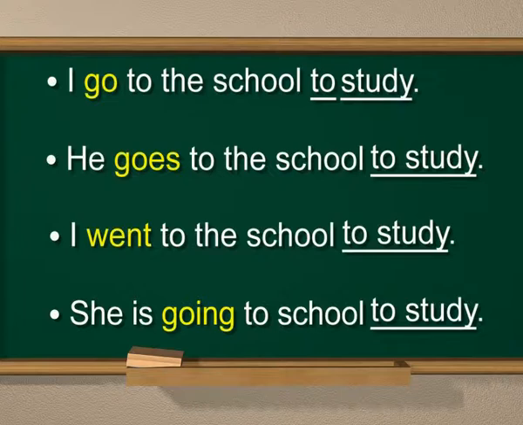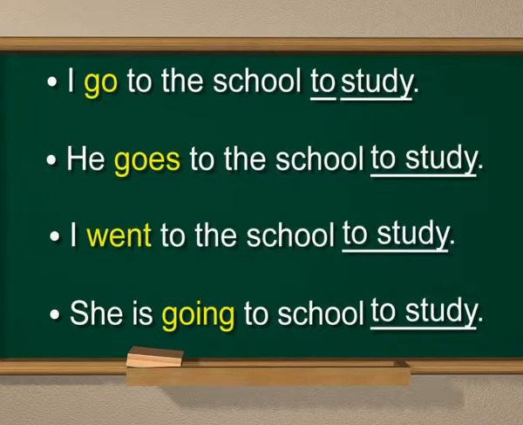Now tell me if go is finite or non-finite. Yes, you are right. It is a finite verb as it changes its forms with the change in the tenses and the number of the nouns and pronouns. Now look at the other verb. What is that? Yes, it is to study.